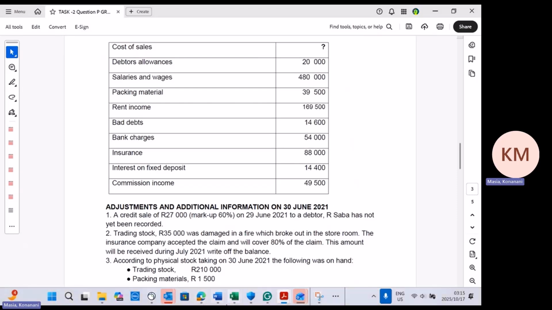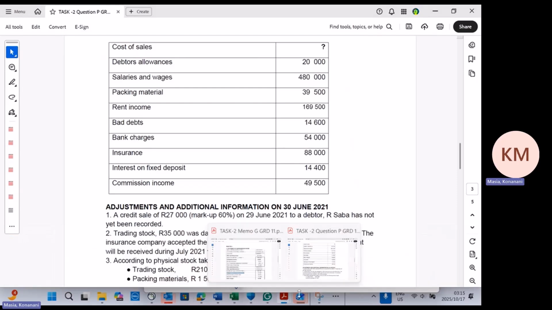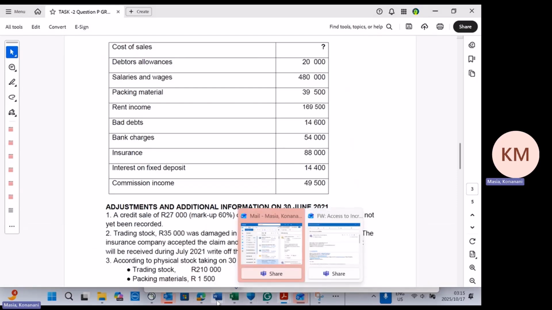Okay, now let me show you on my workings here so that you can understand how to calculate. I just want to show you how you would have calculated this.